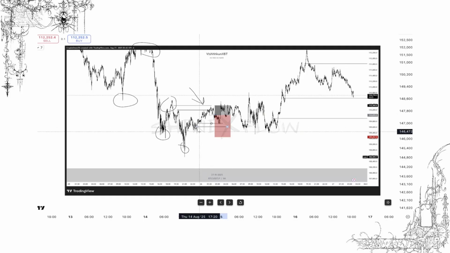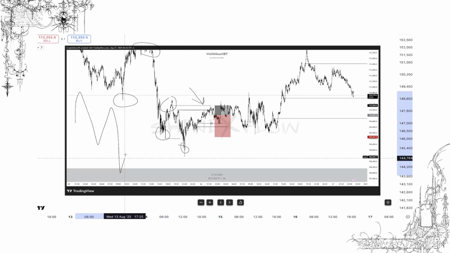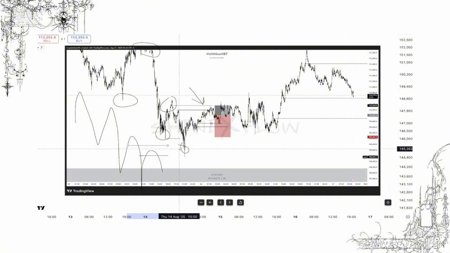I think this is pretty self-explanatory: externally we are going down, we have proved that. But internally we got a pretty good reaction off of this level right here, and this could possibly be a POI of some sort if I saw price on the left.